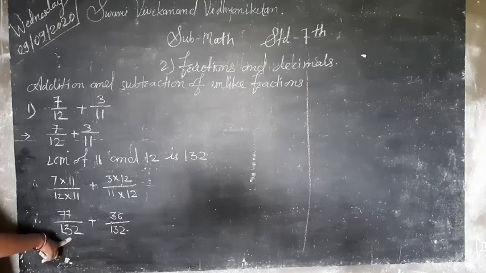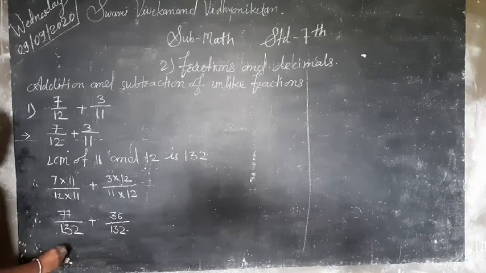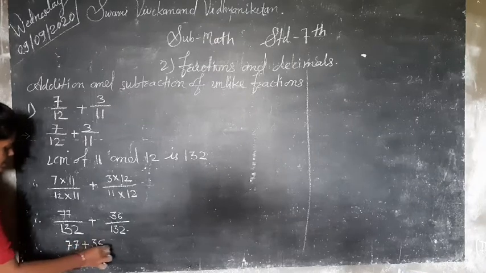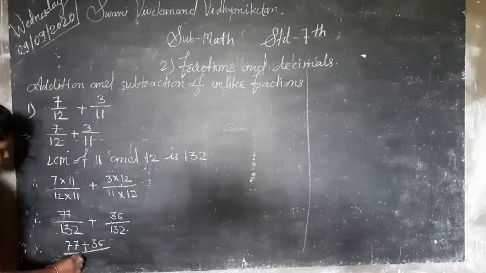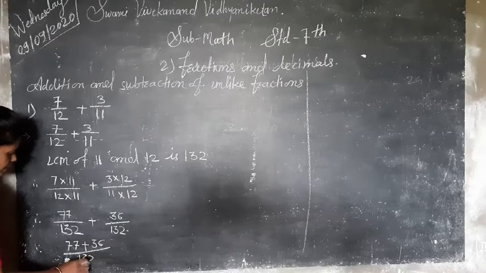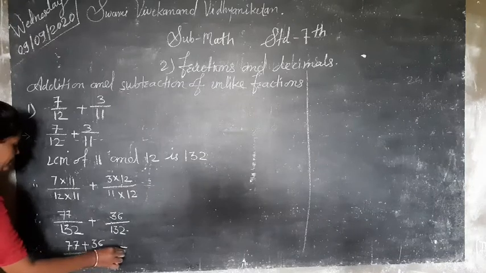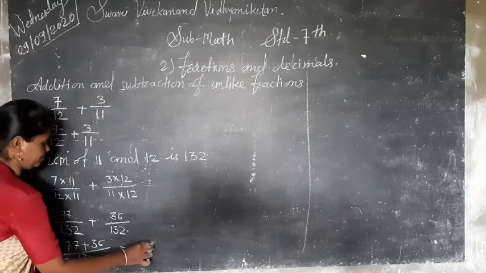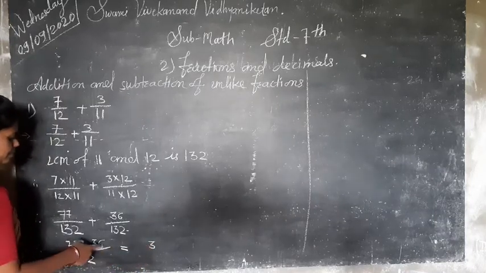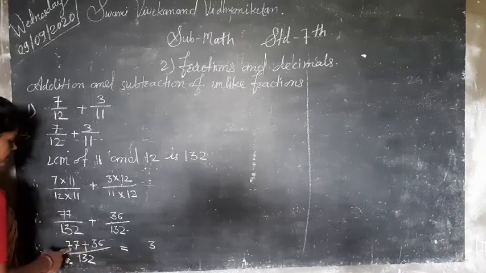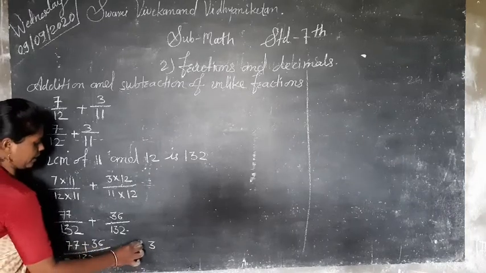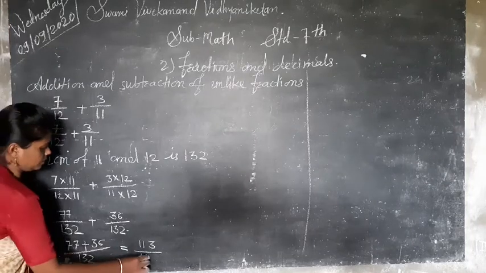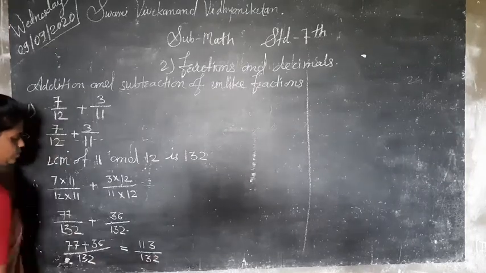Now these two fractions are like fractions. You know how to add these like fractions. So 77 plus 36 over the common denominator 132 is equal to 77 plus 36. 7 plus 6, 13. 7 plus 3, 10 and carry 1, so 113 upon 132.